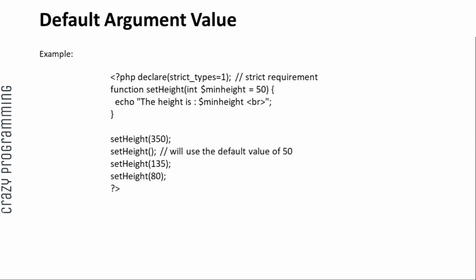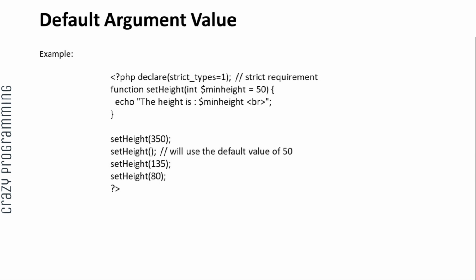Here I use the strict declaration: PHP, declare, inside the brackets strict_types equals 1, and then I start a function with the name setHeight, with int minHeight equals 50.